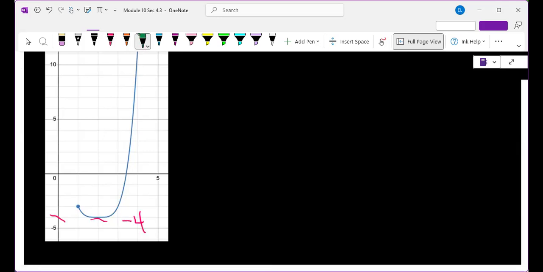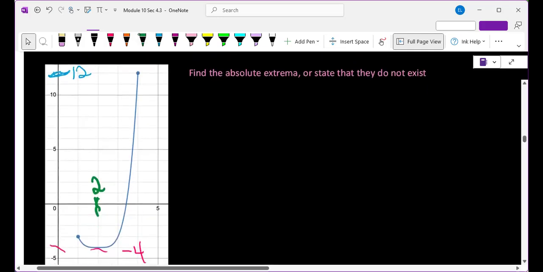Now, as far as our location, the wheres, it looks like our absolute min occurs at x equals 2, and the max appears to occur at x equals 4.